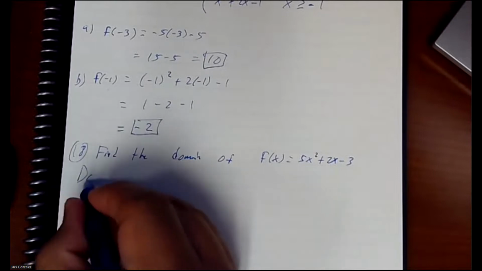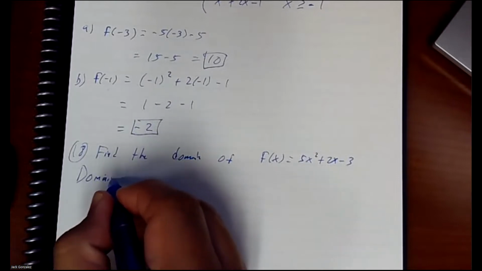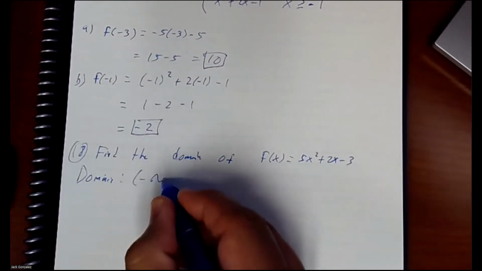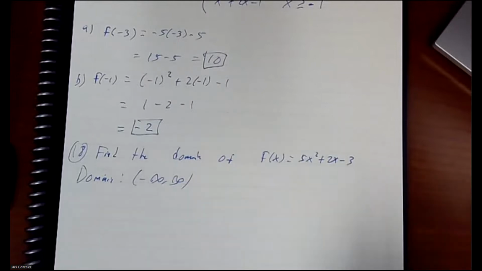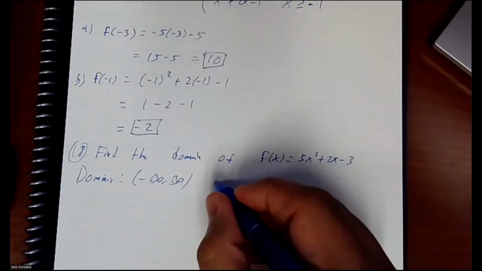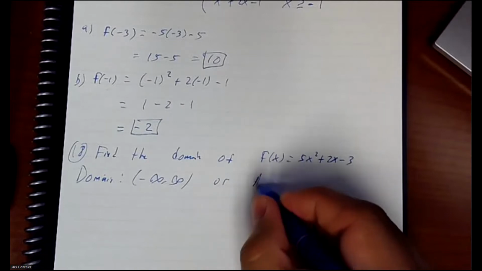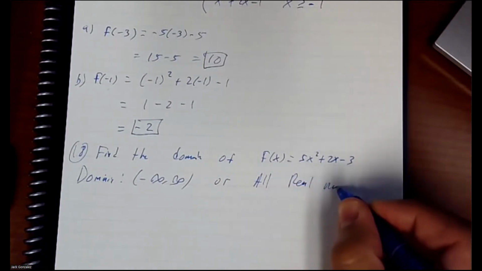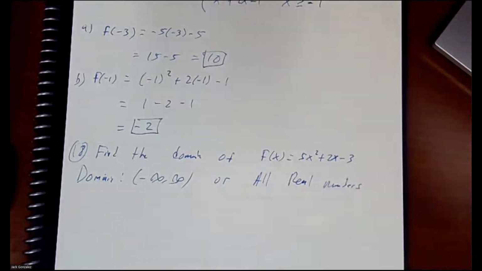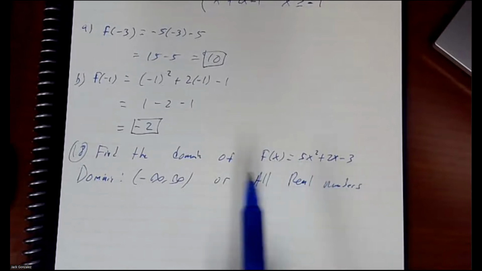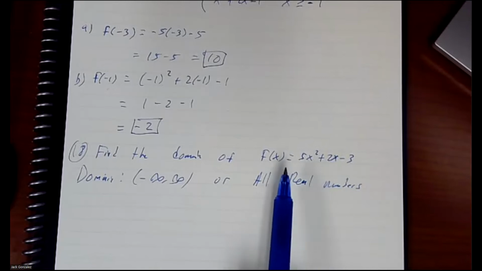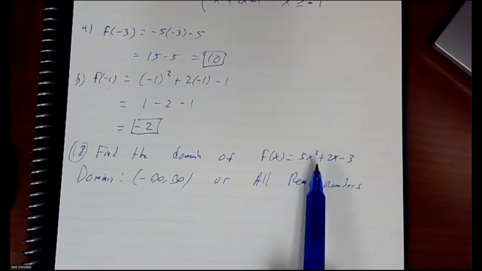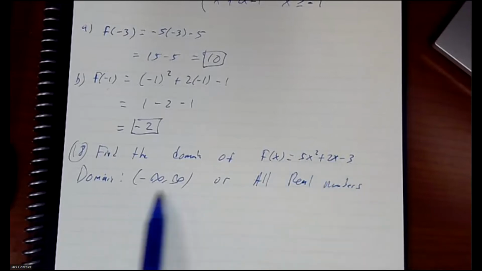So the domain in interval notation would be negative infinity to infinity, or in plain English, all real numbers. And that's it. If you graphed it, you would see that too, but there's no holes or gaps or any problems. There's no spots that this skips. This crosses everything.